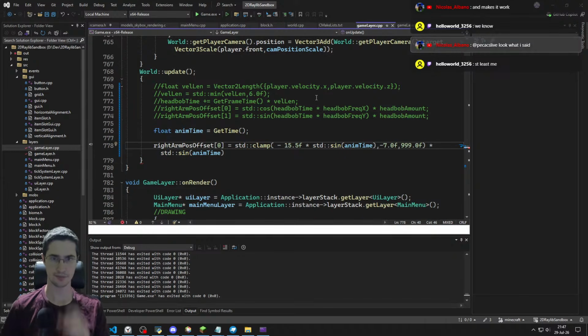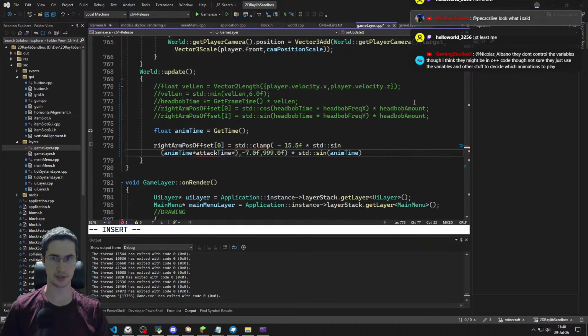And the sine is rotation factor. Yeah, maybe the time that has passed is the rotation factor. Then times attack time. Then times 112.